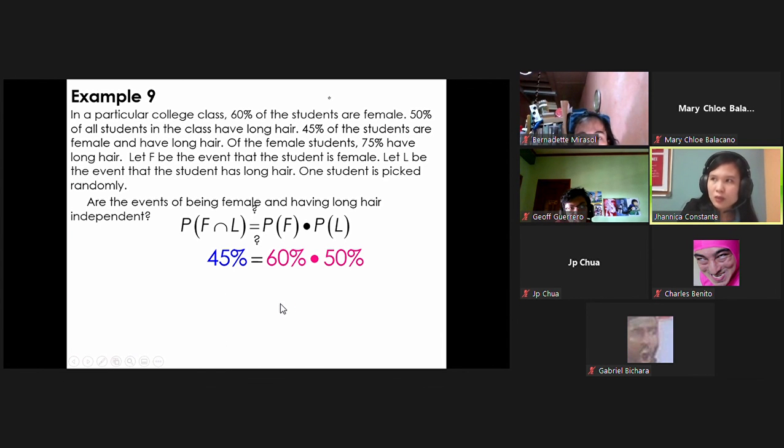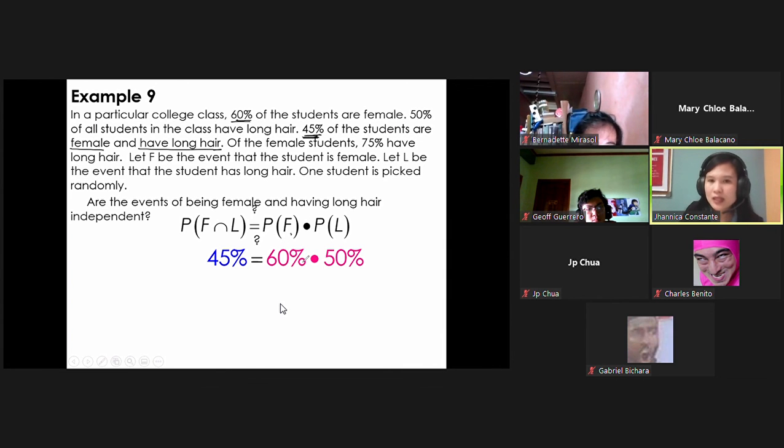So using substitution, 45% for both female and having long hair. Based on the problem, 45% of the students are female and have long hair. And the percentage of females in the college class is 60%.